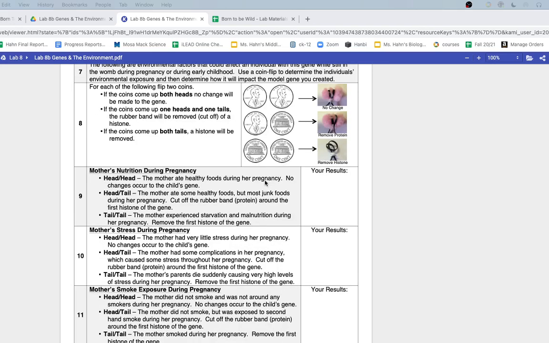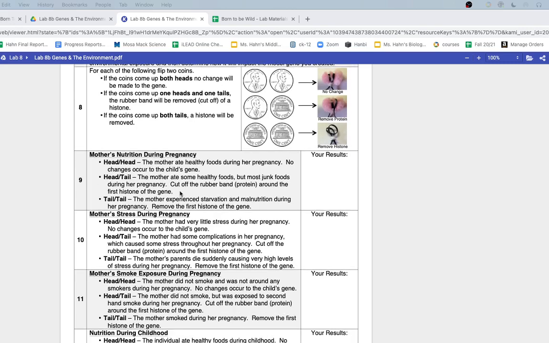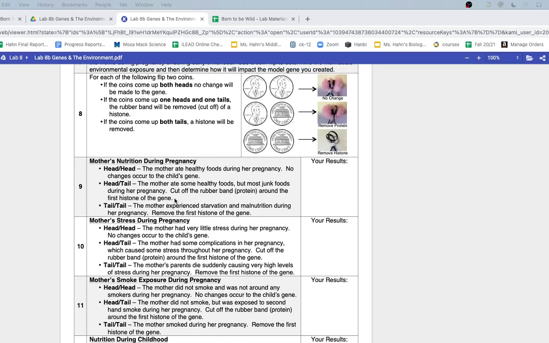So we're going to go ahead and flip for nutrition. That is going to affect the DNA switching on or off for the baby in some ways.